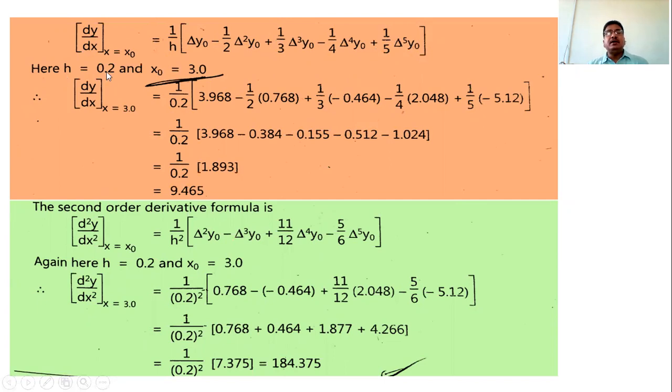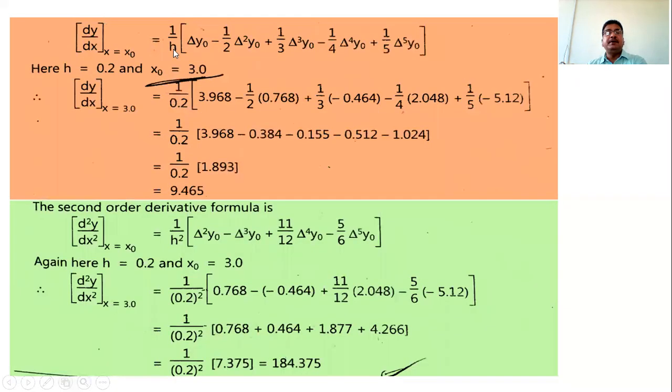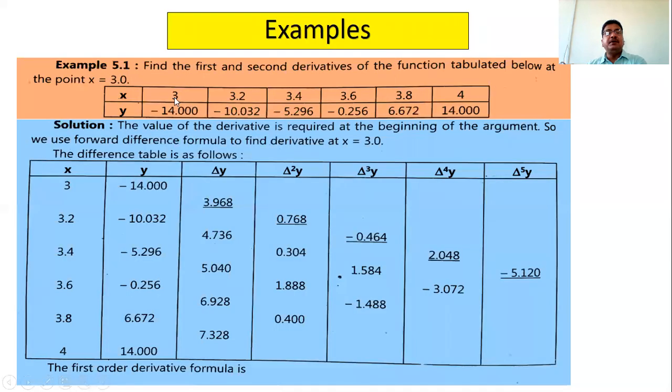And h is 0.2. Here the difference from 3 to 3.2 is 0.2, and from 3.2 to 3.4 the difference is 0.2. So h is 0.2, the common difference. X naught is 3.0, that is the first point.